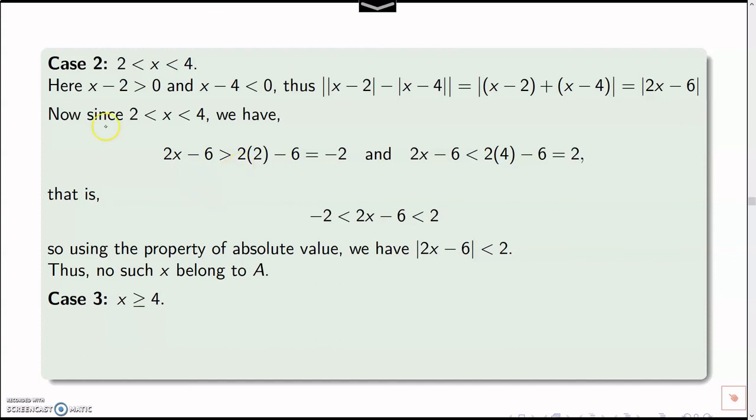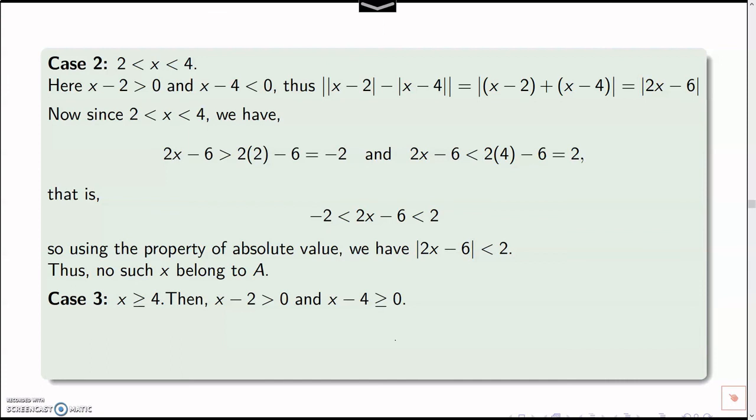See, the last case is whenever x is bigger than or equal to 4, what is going to happen? If you put this on the number line, I have 2 here, I have 4 here, and I'm looking at numbers which are bigger than or equal to 4. Any number which is here is bigger than or equal to 4 and bigger than 2 also. So x minus 2 will be strictly positive and x minus 4 will be bigger than or equal to 0.